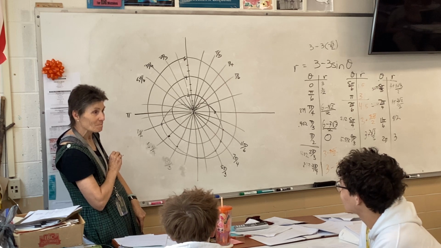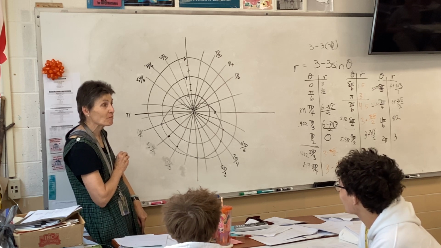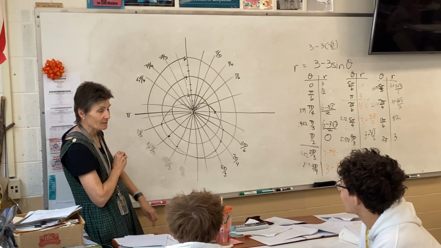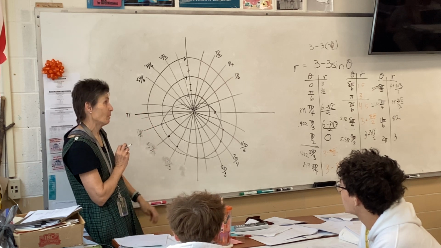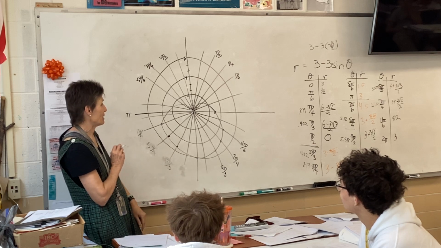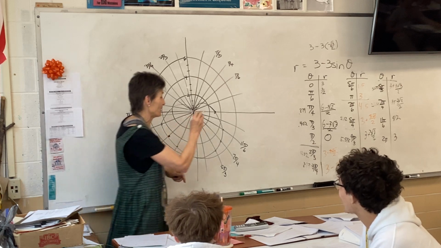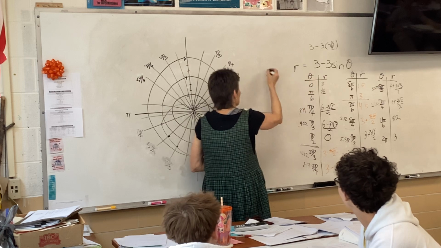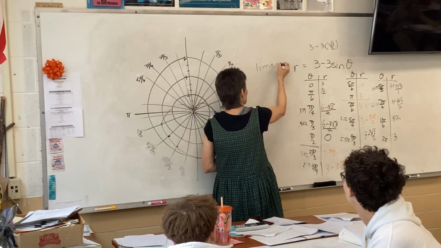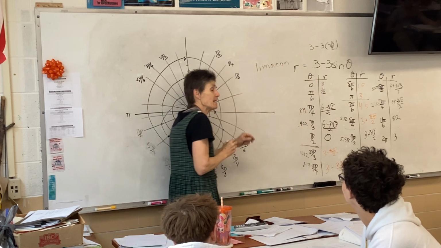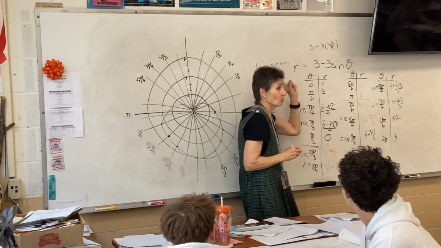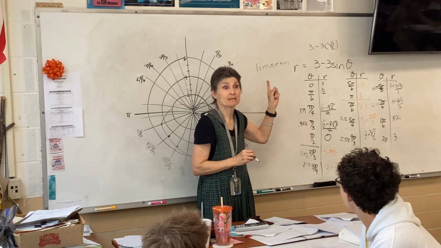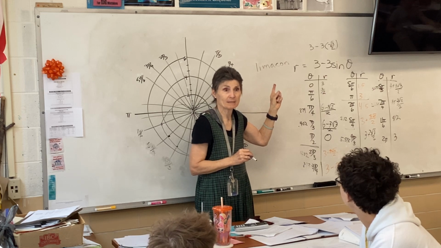Supposed to be hard. Well, its mathematical name, there are 4 classical curves that we're going to look at. Well, we may not look at all of them, but we'll look at a couple of them anyway. This type of equation is an example of what's called a limaçon. And I always think of lima bean.